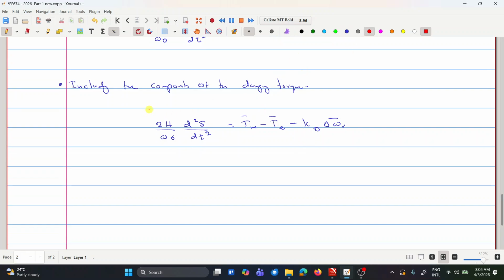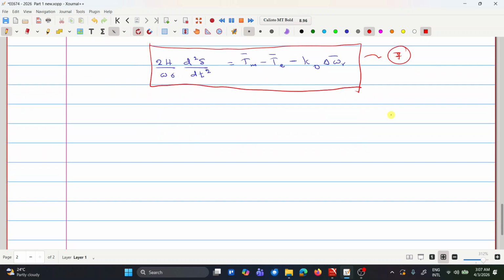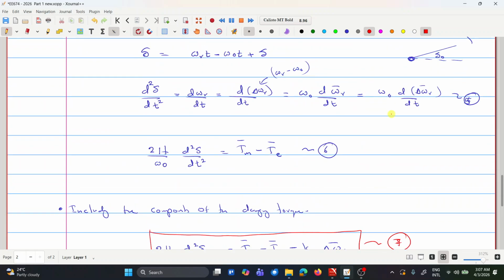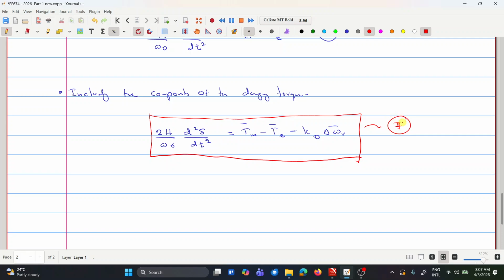So this is the complete equation that determines how the angular position will vary in the synchronous generator when the load demand and generation demand are unbalanced, right? So this equation is called the swing equation, right?